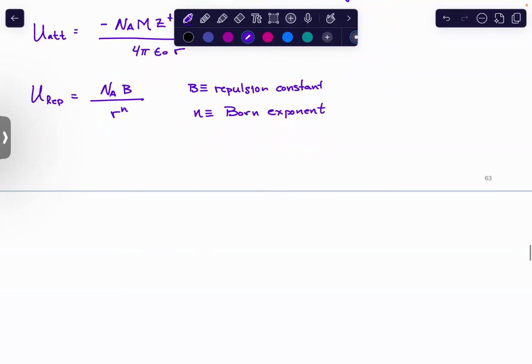So we end up with a U total of our attractive plus our U repulsive. And you remember that NA is Avogadro.